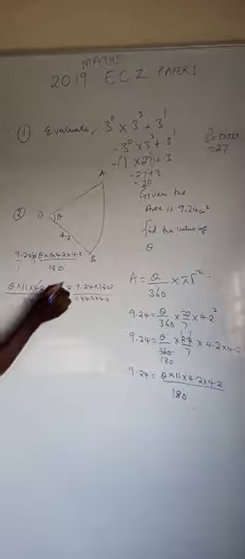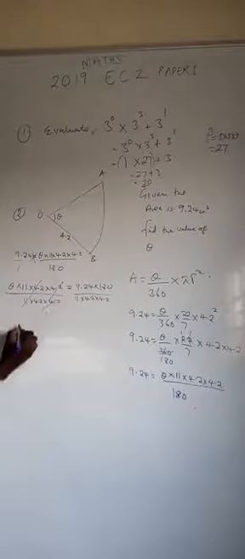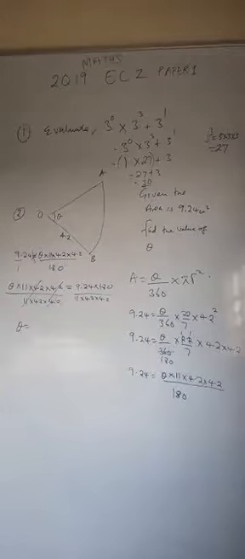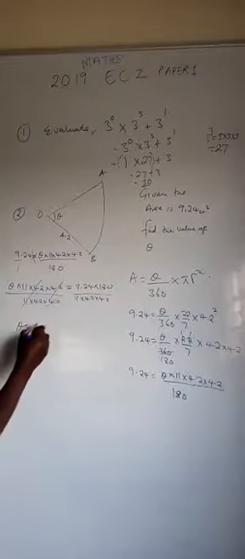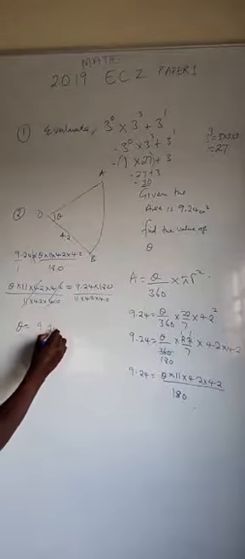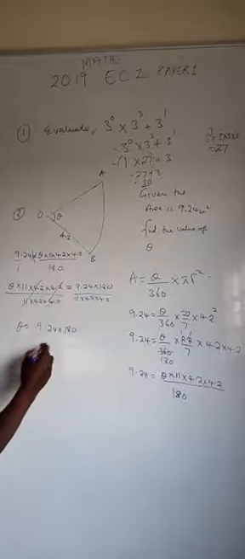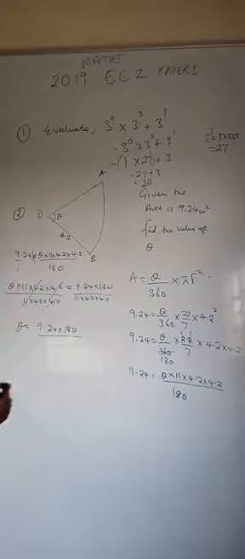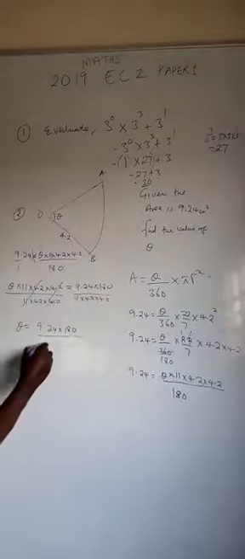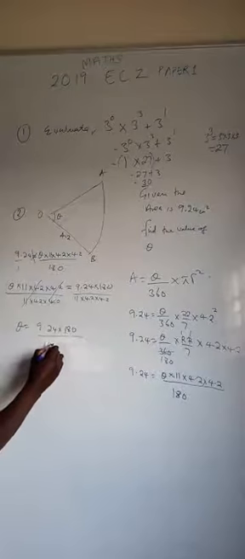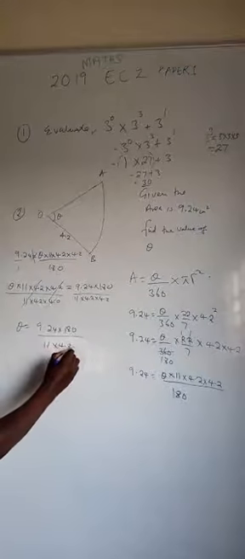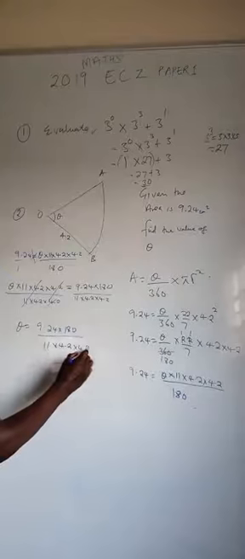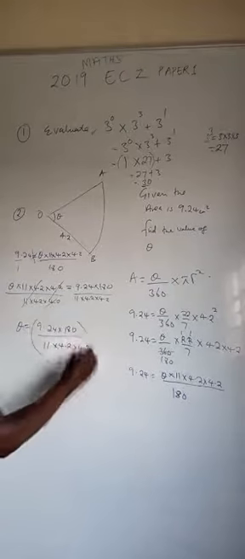So all these cancel because they are appearing on top. So theta is going to be equal to 9.24 times 180 over 11 times 4.2 times 4.2, in brackets, degrees.